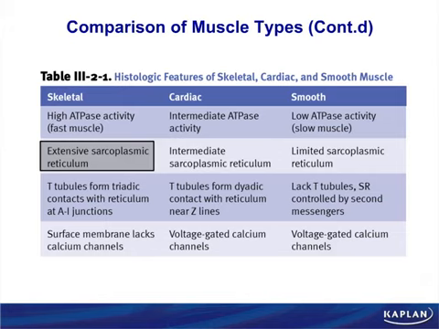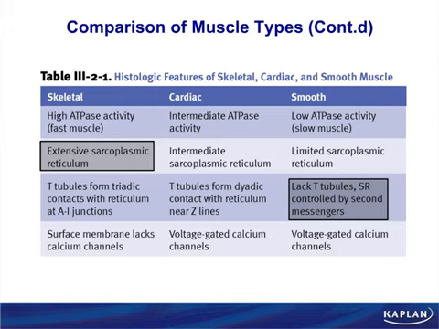The SR, sarcoplasmic reticulum, is controlled by second messengers in smooth muscle by and large. Second messengers will modulate the heart, the cardiac muscle. Okay? We still utilize T-tubules, sarcoplasmic reticulum near the Z lines for cardiac, but second messengers can modulate cardiac, and second messengers are not involved in the contraction aspect of skeletal muscle.